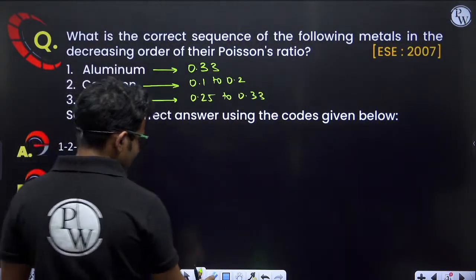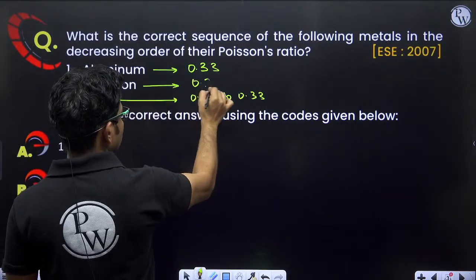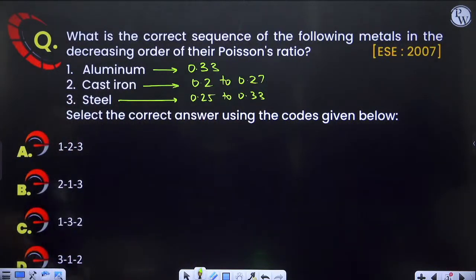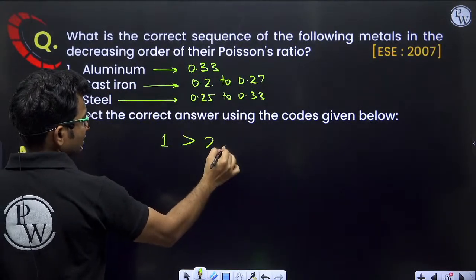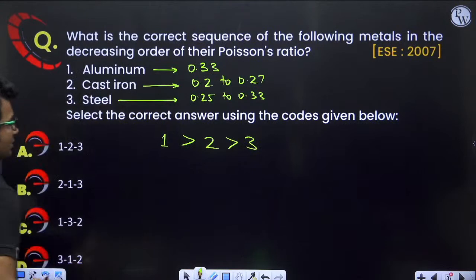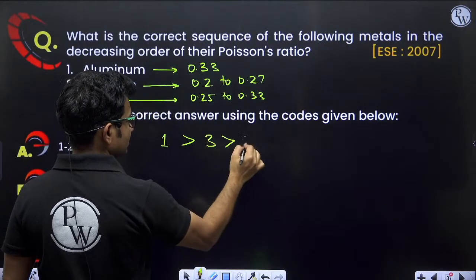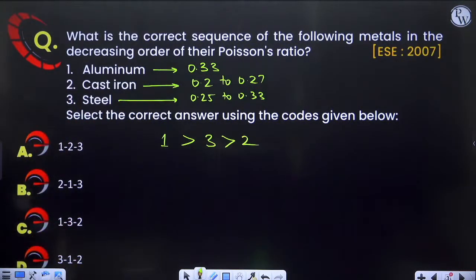Cast iron's Poisson's ratio is something about 0.2 to 0.27. So in decreasing order, the highest Poisson's ratio is of aluminium, then steel, and then cast iron. So steel is 3 and cast iron is 2. So 132 is the correct answer. Option C is the correct answer.